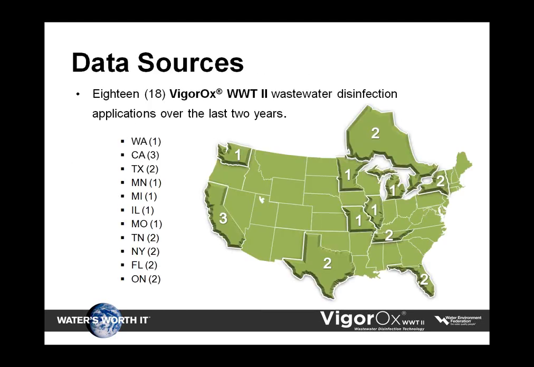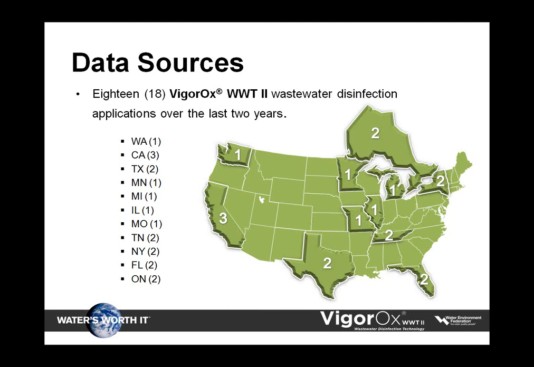This presentation is based on data collected from 18 field applications of Vigorox WWT2, which is the EPA-registered 15% PAA, 23% hydrogen peroxide solution produced by FMC for wastewater disinfection.